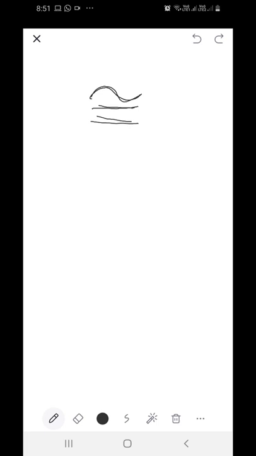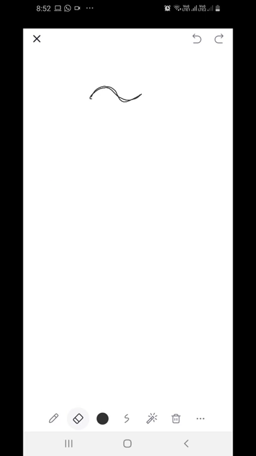So this was the symbol which you used for the congruency. Now as we are studying about similarity, and in similarity the sides of one triangle are not equal to the sides of another triangle, so this equality symbol you will not use. You will use only this symbol which shows the angles of one triangle are equal to the angles of another triangle.